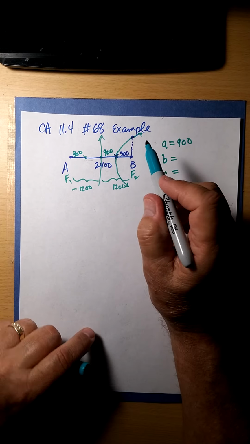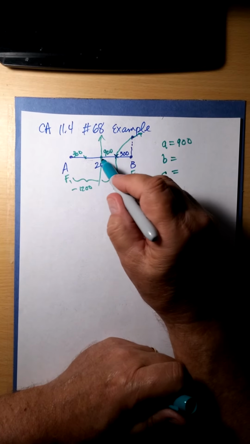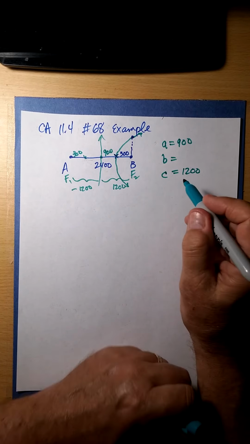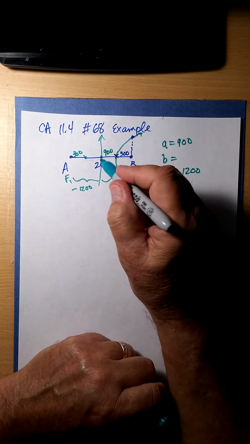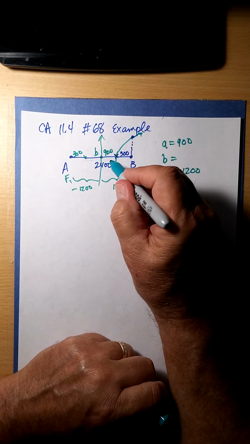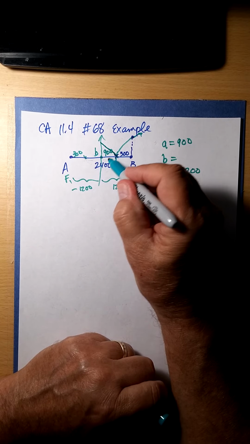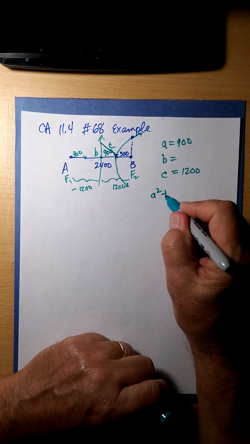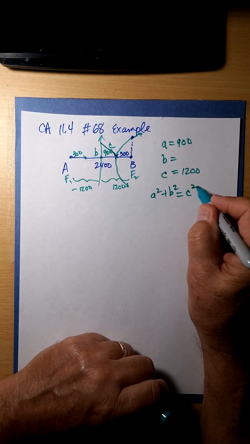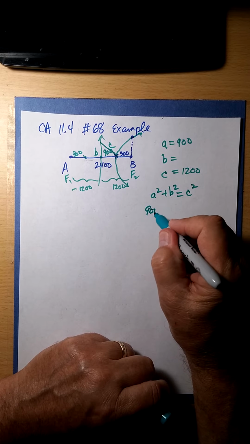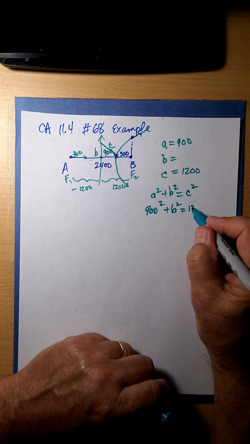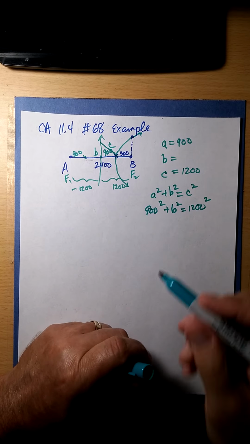C is going to be the distance from the center to a focus, which is 1200. So I can find b. This is b, this is a, and c would be that hypotenuse. So a squared plus b squared equals c squared. 900 squared plus b squared equals 1200 squared.